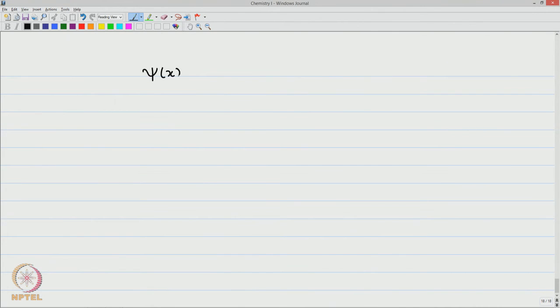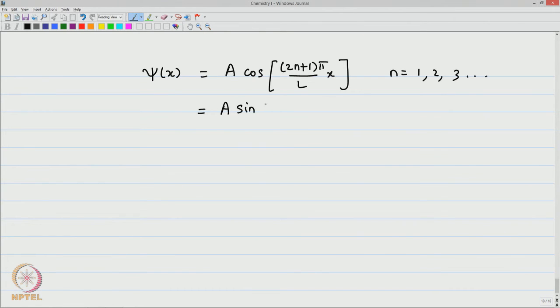Psi of x is equal to some normalization constant cos 2 n plus 1 pi by L x, and this is for n equal to 1, 2, 3 etc., or it is a sin 2 n pi by L x, again n equal to 1, 2, 3 etc., and the energy of course E n is the same, it does not change, it is h square n square by 8 m L square.